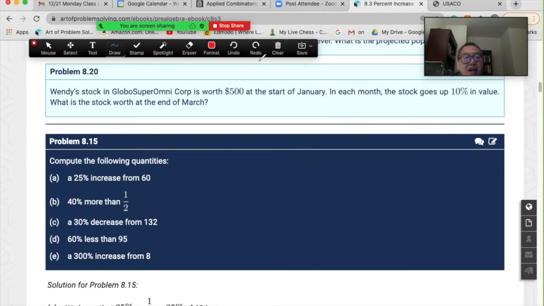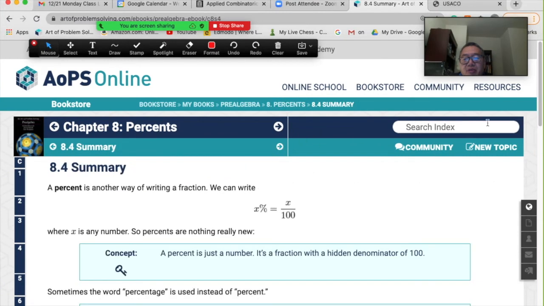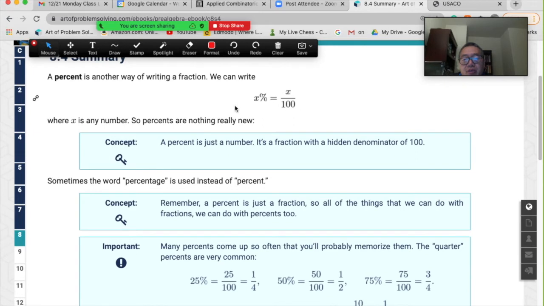Okay, so now let's go to the next section. The next section is actually a summary, so that means we finished this chapter. In this chapter, what did we learn? The most important thing is percent. Percent, like x percent, is actually a fraction, x over 100. The denominator is 100.